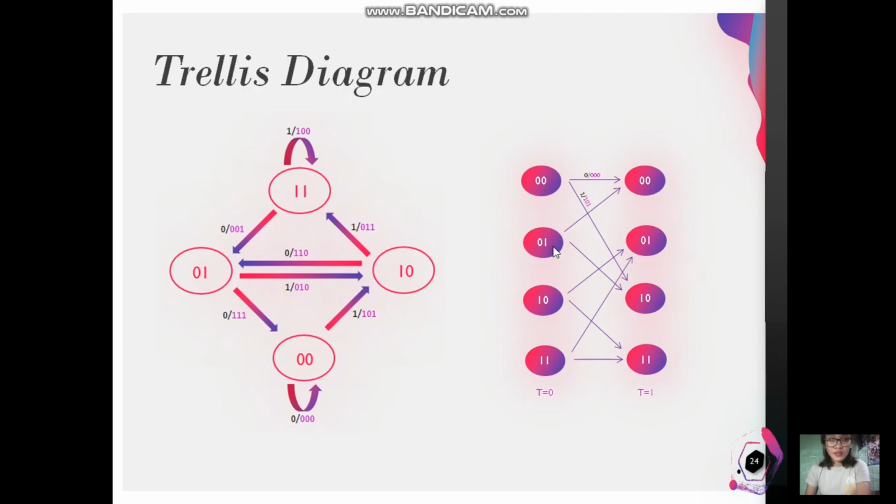Third, from state 0, 1, when input data is 0, the state transitions from 0, 1 to 0, 0 with the output of 1, 1, 1. So the same process in reading applies. As I've said, this is just a redrawing of the state machine diagram. So this is our finished product.